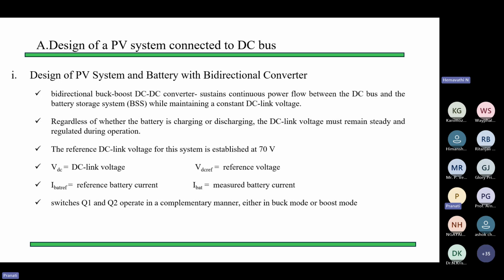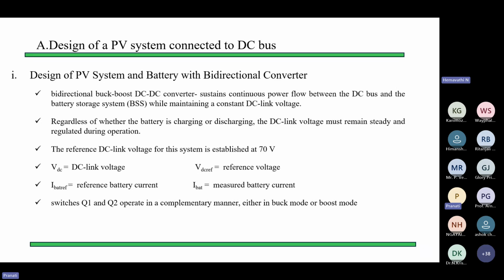Now, regardless of whether the battery is charging or discharging, we have different irradiance conditions. If we have higher irradiance, say 1000 watt per meter square, then the control logic is such that it will charge the battery. But if the irradiance goes below 500, say around 300 watt per meter square, the battery cannot be charged.